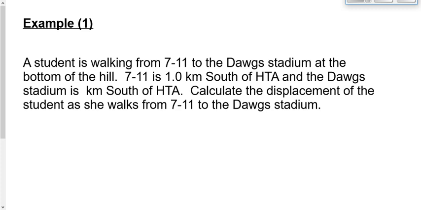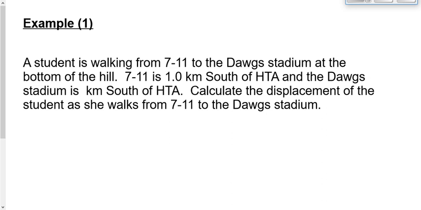Let's take a look at example number 1 on the handout that I gave you earlier. It says a student is walking from 7-Eleven to the dog stadium at the bottom of the hill. You guys know what I mean, right? You go down 32nd Street here, you hit 7-Eleven, you keep going, you hit the baseball stadium at the bottom of the hill.